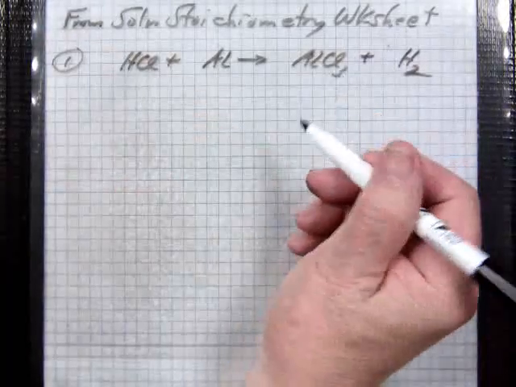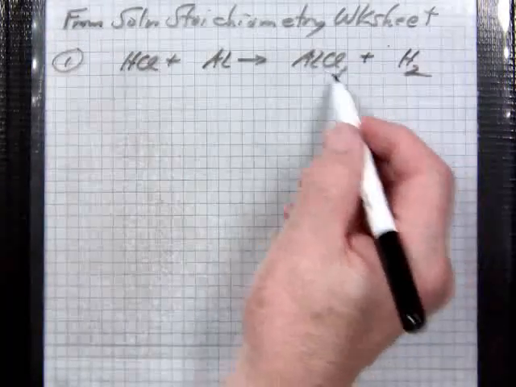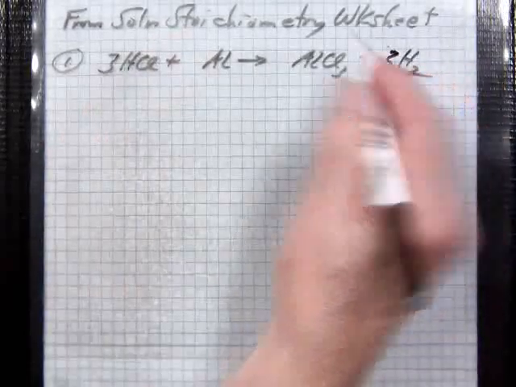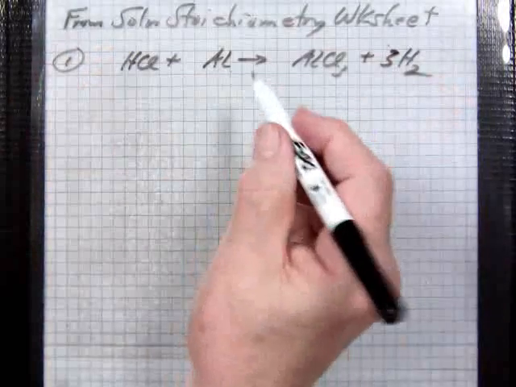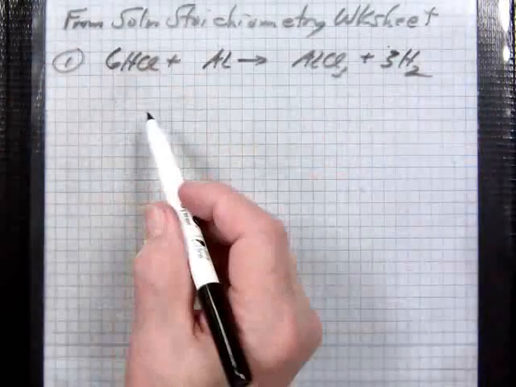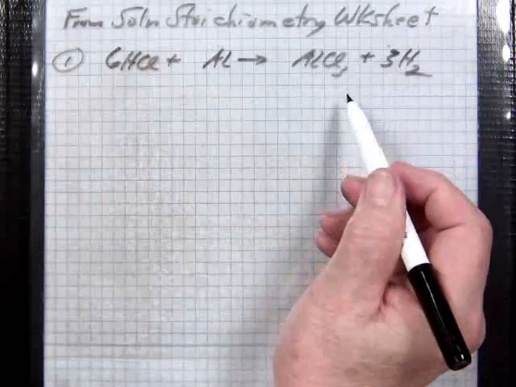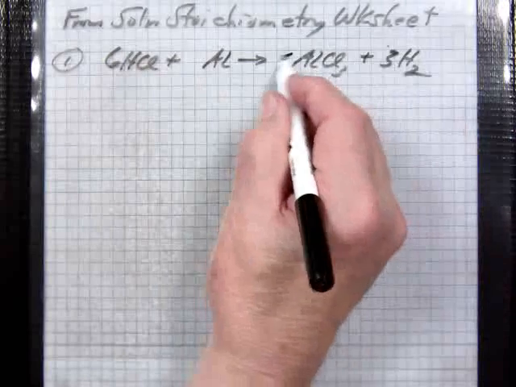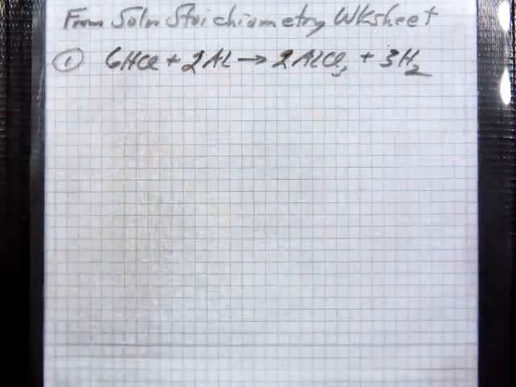I have 3 chlorides here. I'm going to bring that up to a 3, but then we'll need a 3 over here, and I'm going to have to go to a 6. 2 times 3 is 6. So if I've got 6 chlorides, I'm going to have a 2 there, and finally a 2 right there.